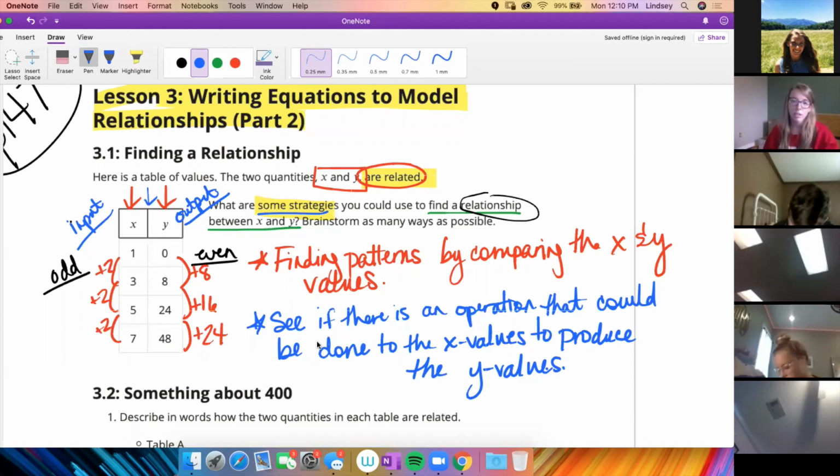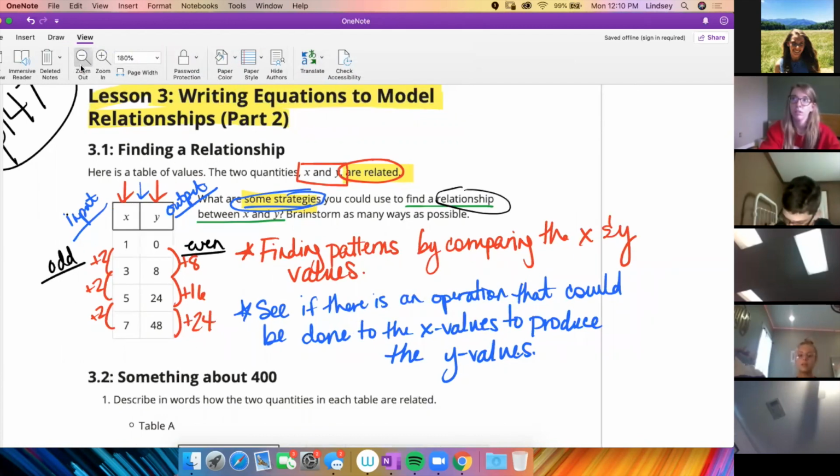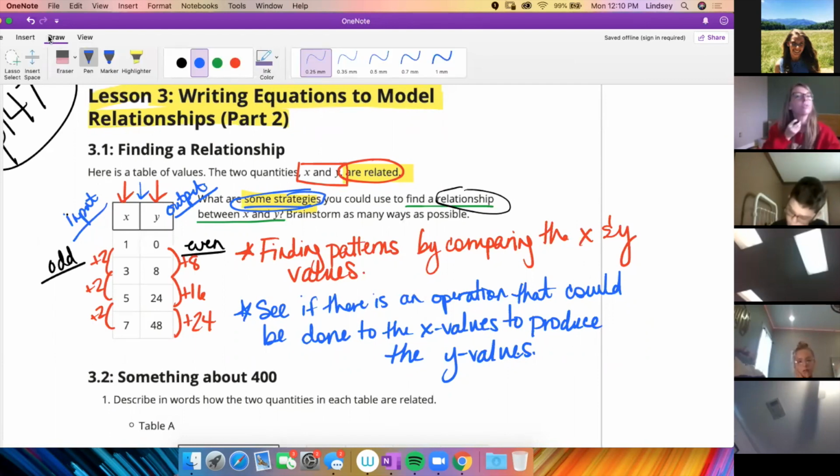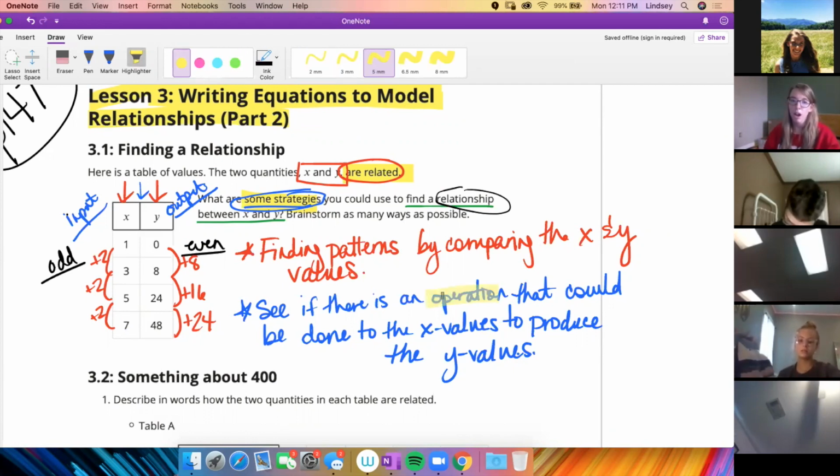That is another strategy that we could use. There are lots of different things that we could do to find that relationship.